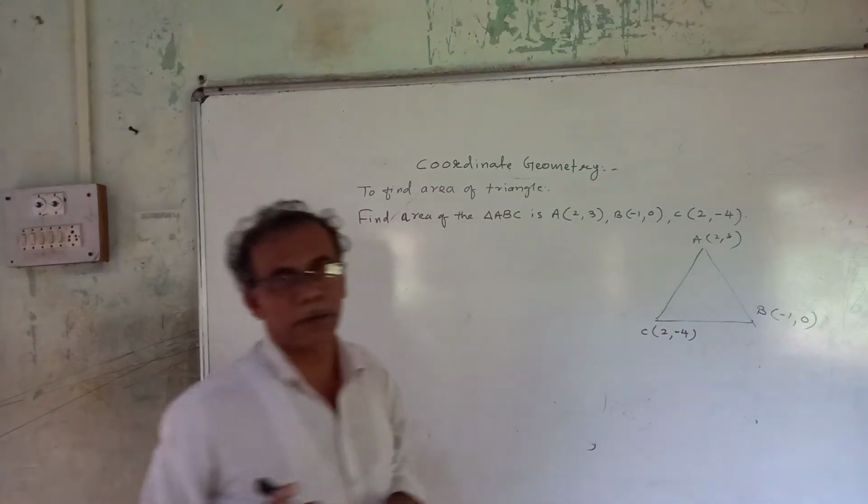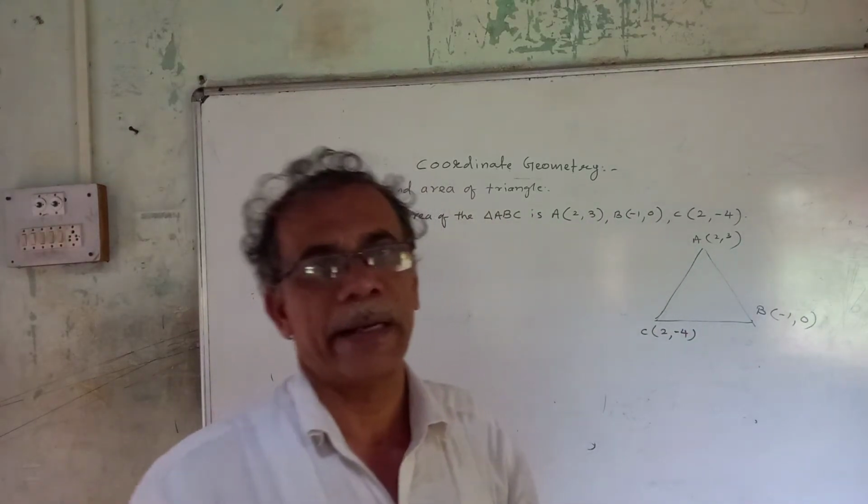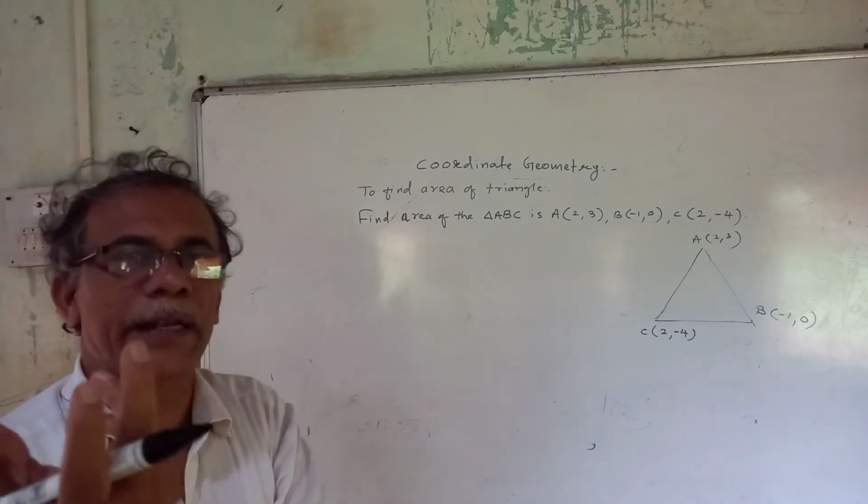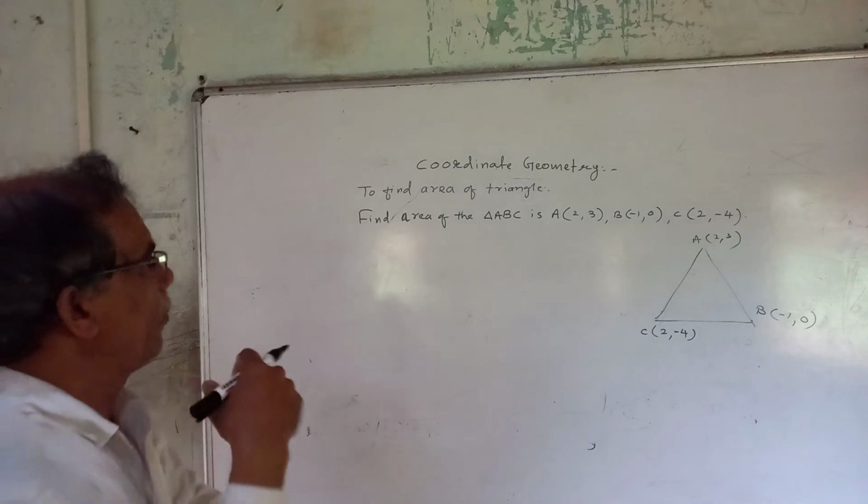If you know the coordinates of all three vertices of the triangle, then also you can find the area of the triangle. Now what is the formula given?